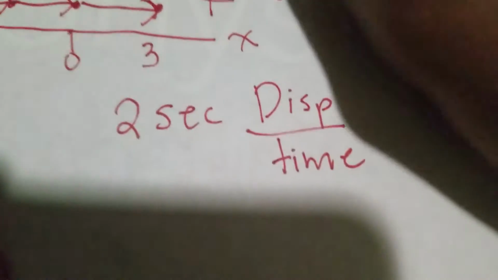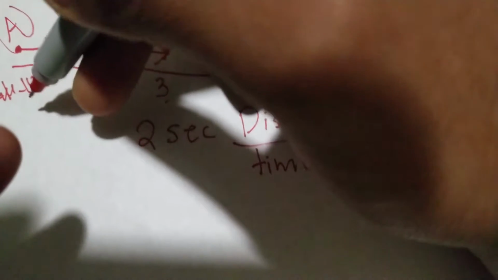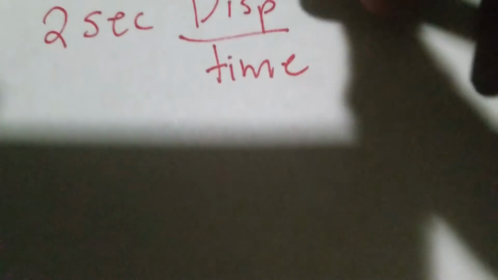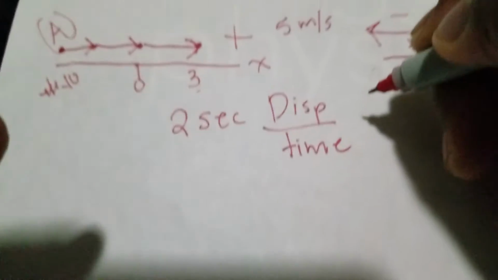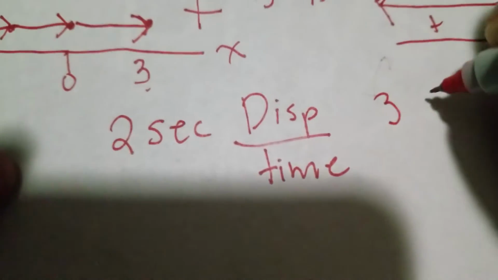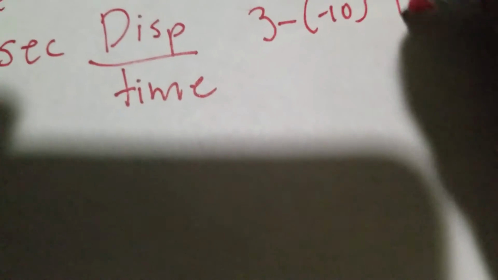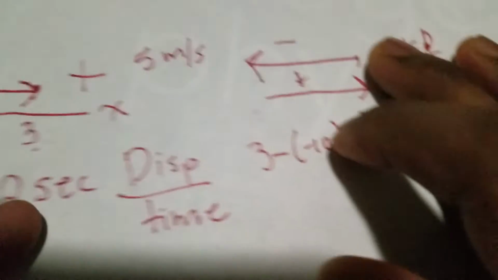So in this case, the final position is at 3 meters, and the initial position is at -10 meters. To find the displacement, you do the final minus the initial. So we would have 3 minus -10, which would be 13 meters. So this object had a displacement of 13 meters.